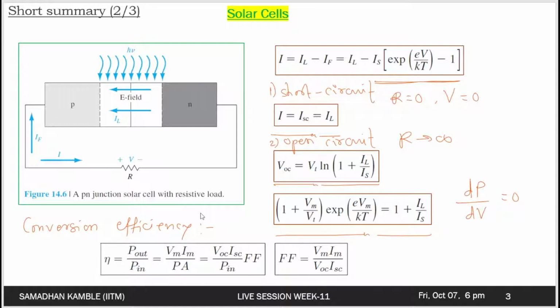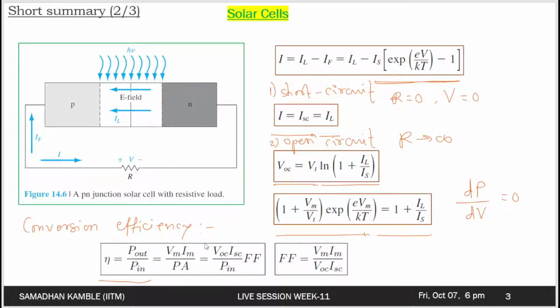It is nothing but the ratio of the output electrical power to the incident optical power. So eta is output electrical power to incident optical power. The maximum possible current and the maximum possible voltage in the solar cell are given by ISC and VOC.